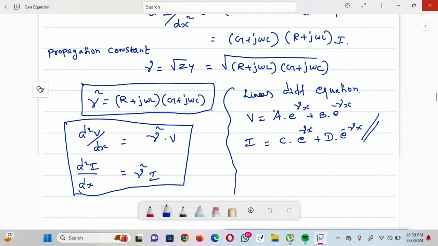By the help of equations number 5 and 6, we will derive the general equation for the transmission line. That we will see in the next video class.